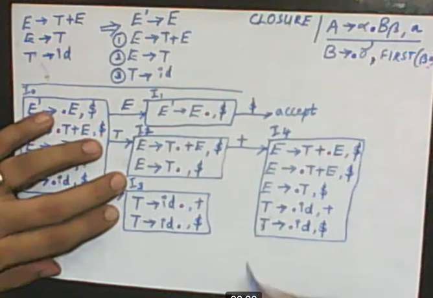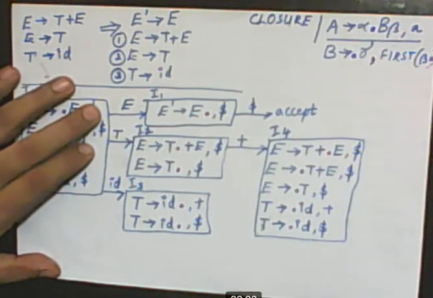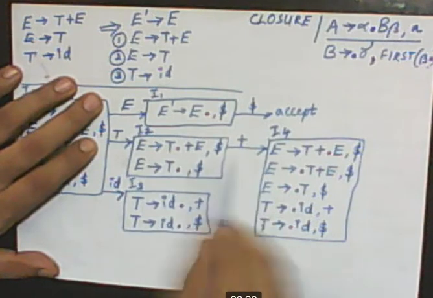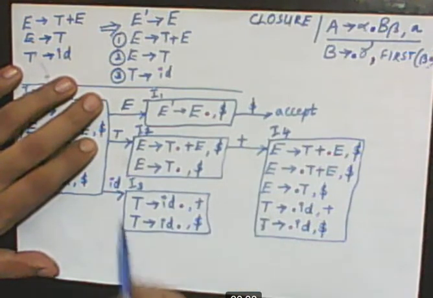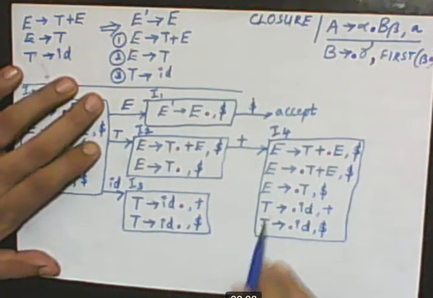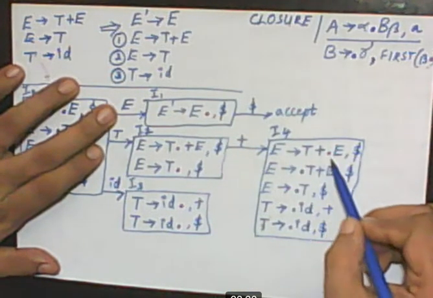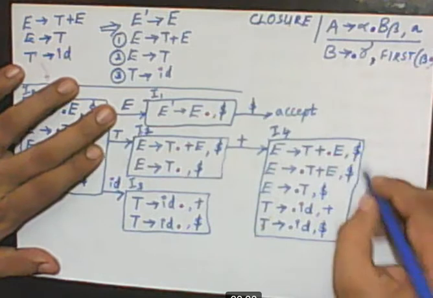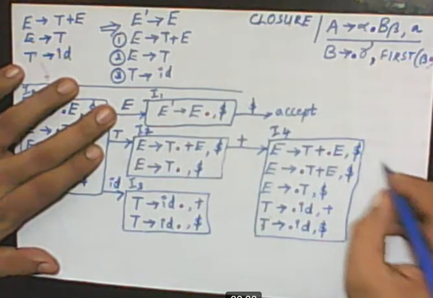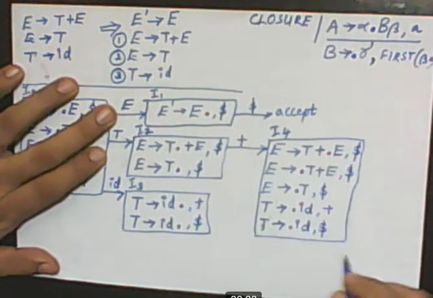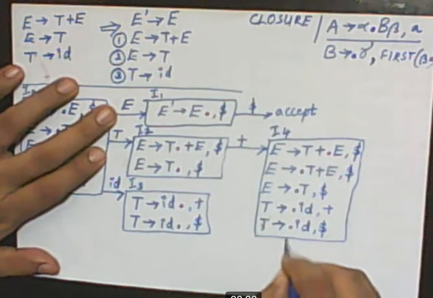Okay, now in I2 you cannot have any more transitions here. In I3 also these are final items. So here consider this and you can have a transition of E. Let us draw it here.